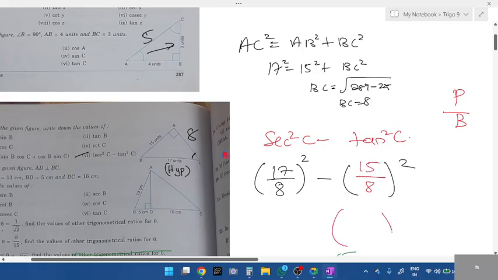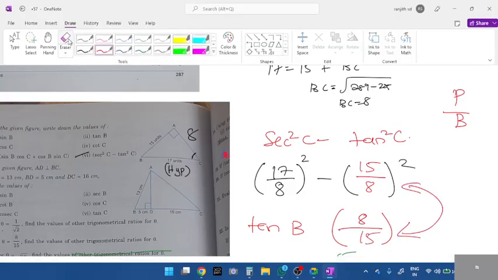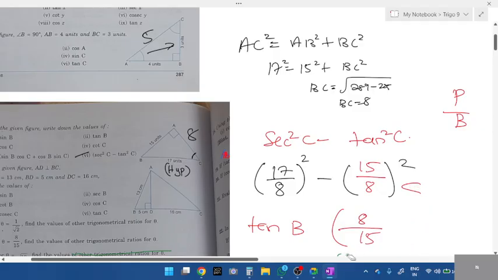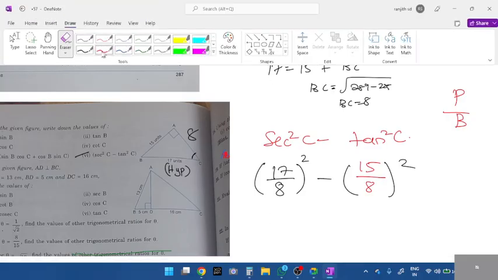Very good. Now, the same formula, if I take for tan B, what is perpendicular for B? 8. What is base for B? 15. Can you see the values? Are they same or different? They are different. For each angle, it varies, right? So it doesn't mean that tan and sine values are the same. For each angle it varies.